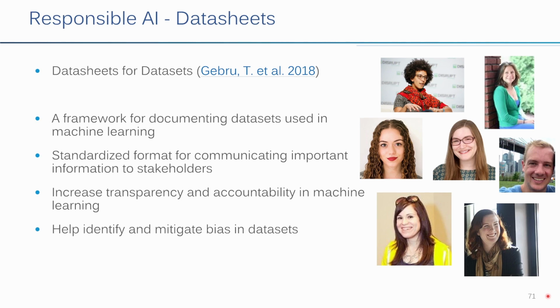The idea of these data sheets is to increase transparency and accountability in machine learning with respect to data. There are other aspects in these sheets, but the focus is more on the data. And here are the authors that we have. It's not an extensive list, but we have here Timnit Gebru, Jamie, Briana, Hanna Wallach, and so on.